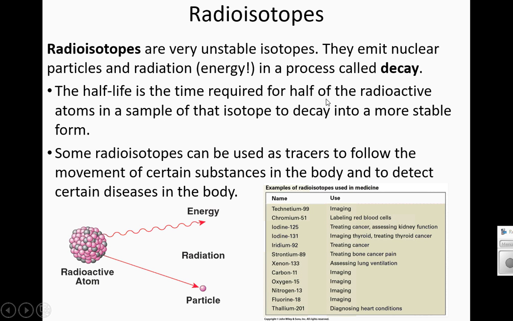And as they decay, they emit a lot of energy in the form of radiation, which you hear the word radiation, and most of the time you're going to think of that as a bad thing, right? UV radiation that we get from the sun and tanning beds can be detrimental to our health. You get radiation from a lot of different things. Hopefully not too much, because it can cause bad things to happen to you. Cancer is a very, very common result of getting too much radiation.